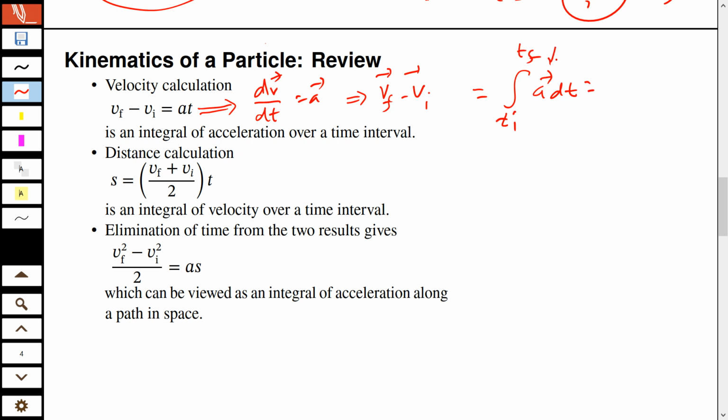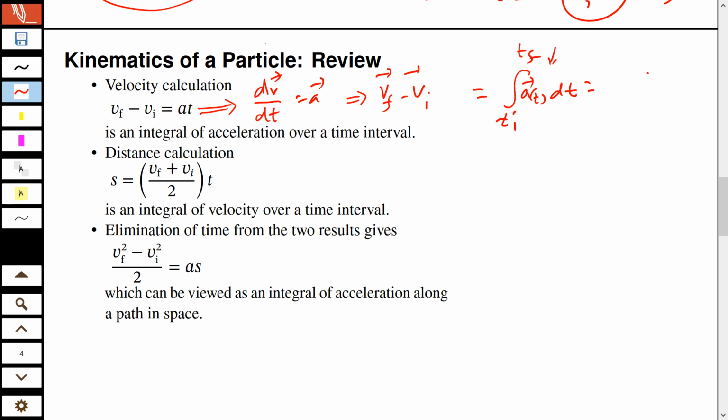If acceleration is constant, you simply write a times tf minus ti. But if this a was not constant, then what would you do? Here it would be a of t, so what do you do here?